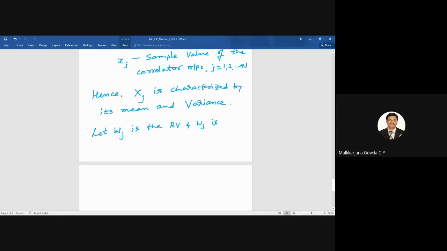The sample value, produced by the jth correlator. Since I'm writing wj, I can say it is produced by the jth correlator.